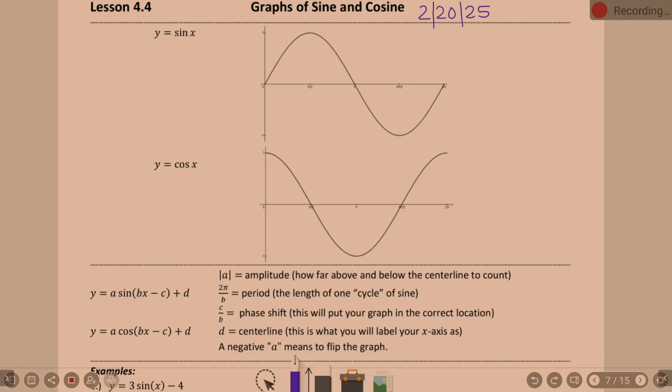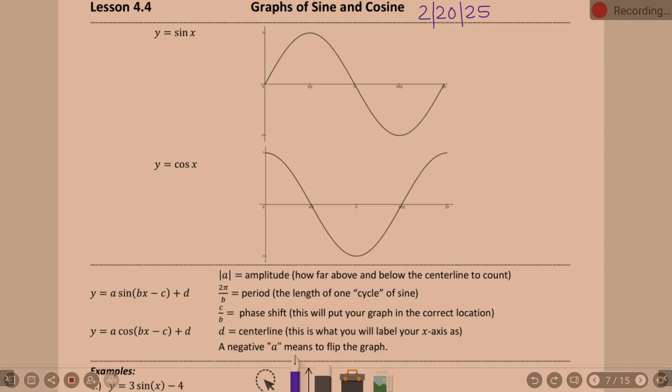If you just graph sine x, I did a regular 10 by 10 screen. Some of your graphs are looking like mine, some of them are not.